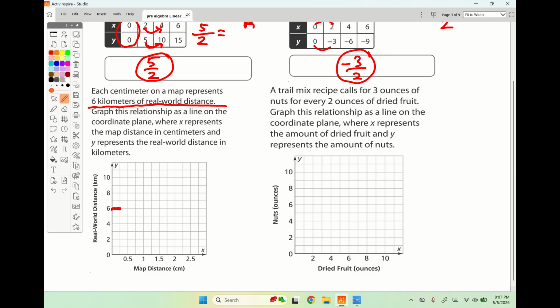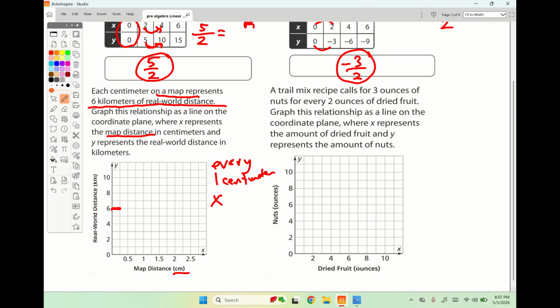So every 1 centimeter of map distance is 6 kilometers of real world distance. So our x-axis, centimeters right here, is the 1. And now wherever those two values meet is where you put your dot. Now of course 0, 0 is where you start from, and you can draw your line.